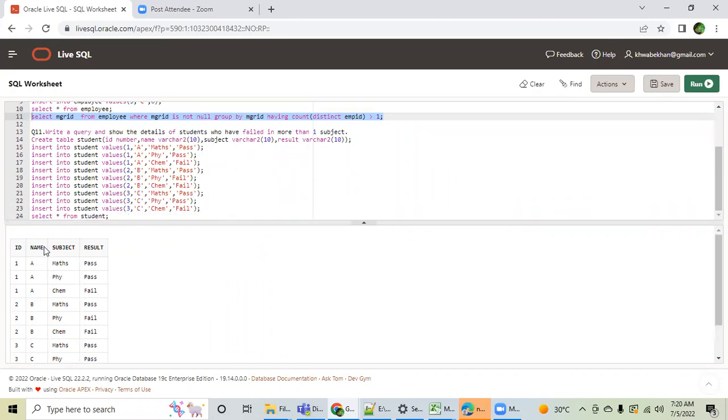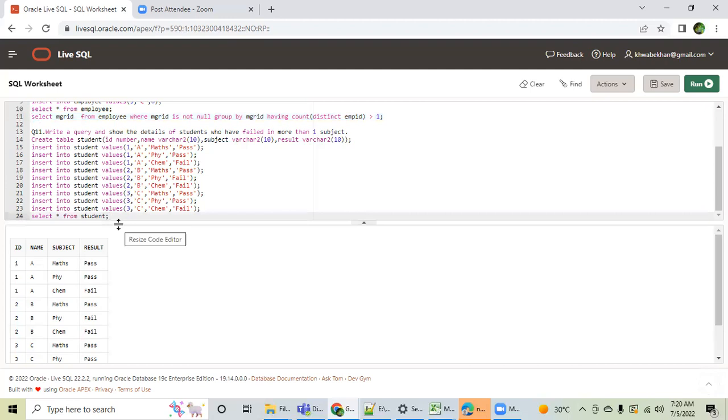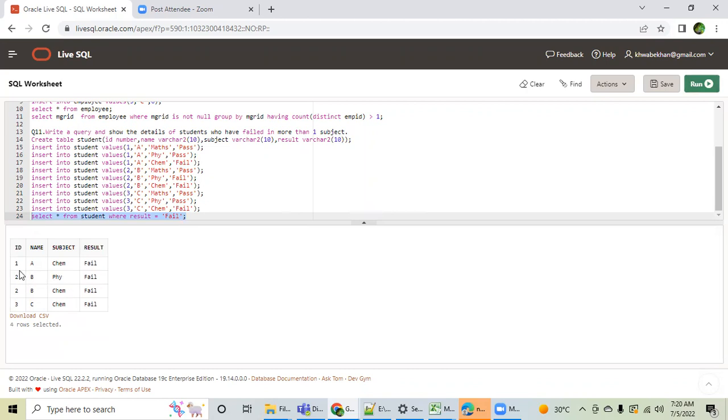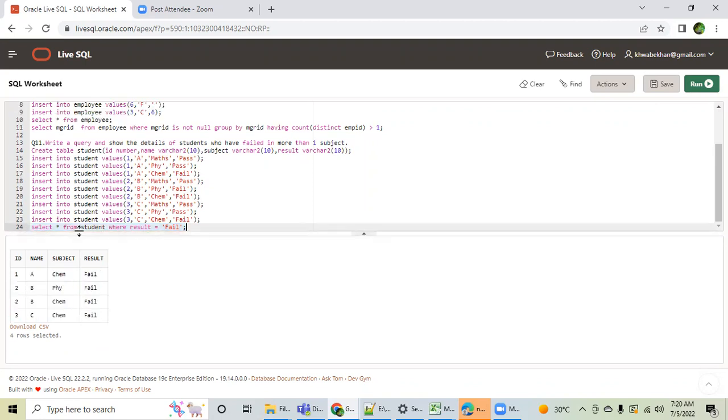Fine. So in this data, we are interested in only the failed records, correct? First of all, I will apply the filter that result is equal to fail. Now if I run this query, you see I'm getting only the failed records, right? Now in this, I have to find the count.